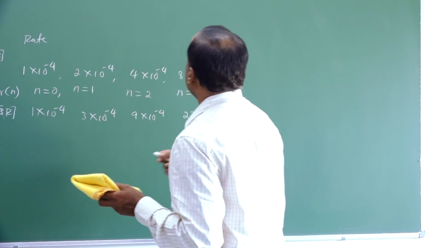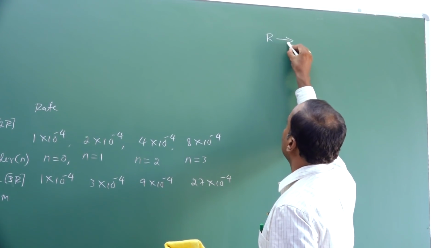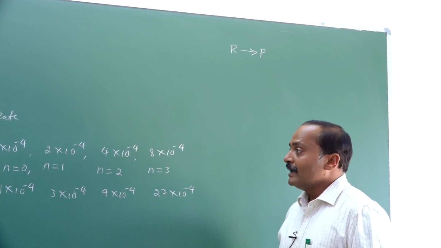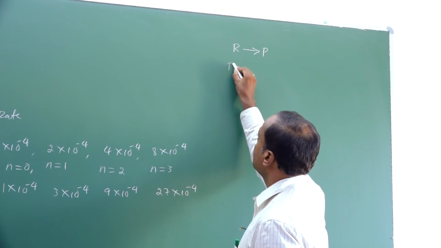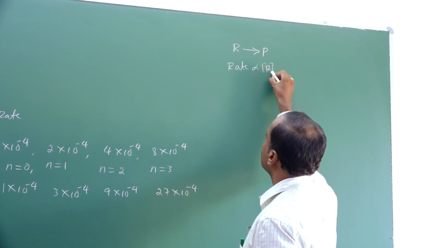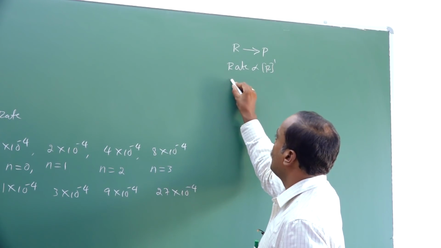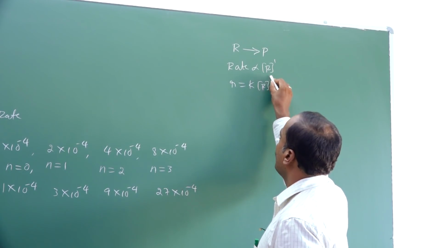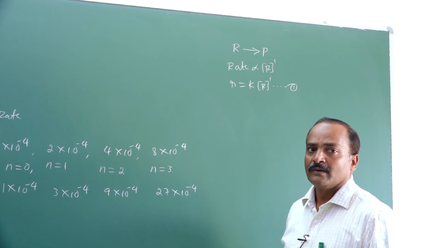Consider a reaction R gives rise to P. Here, if you assume it is first order kinetics, that is, rate proportional to concentration of R power 1, rate is equal to K into R power 1. We call it equation number 1.